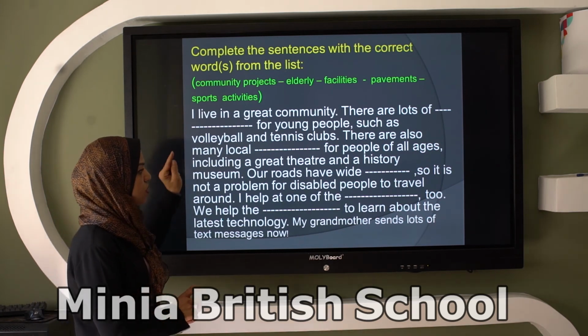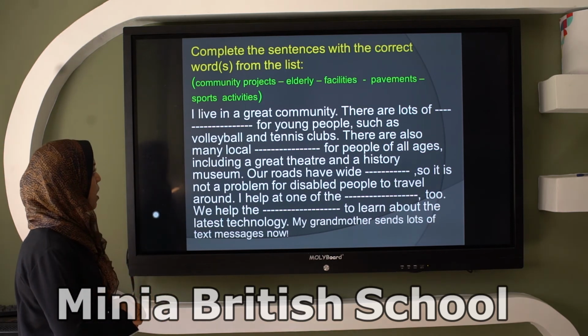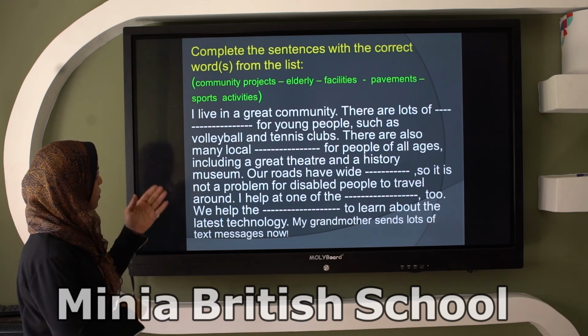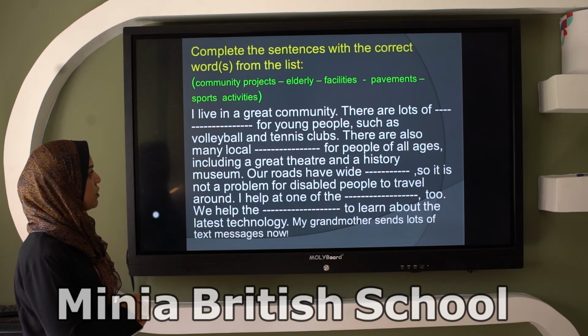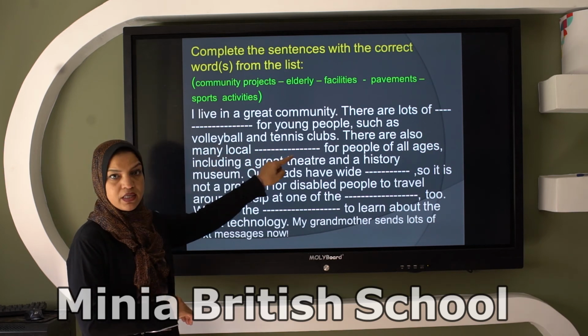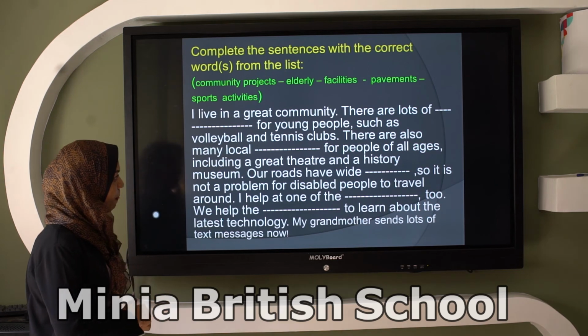We have 5 words for 5 spaces. The first one, let's do it together. I live in a great community. There are lots of, what is it? Community projects, elderly, facilities, pavements, or sports activities. Let's find out. The sentence after that says volleyball and tennis clubs. So the only one that works is sports activities.